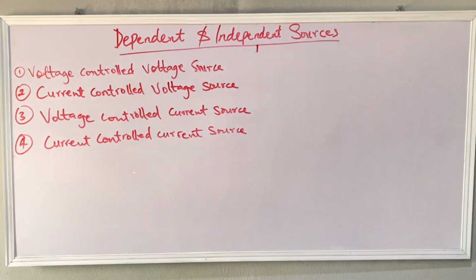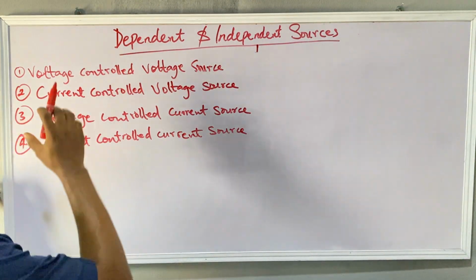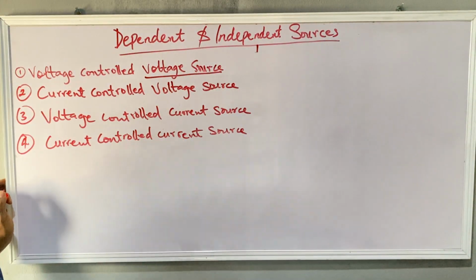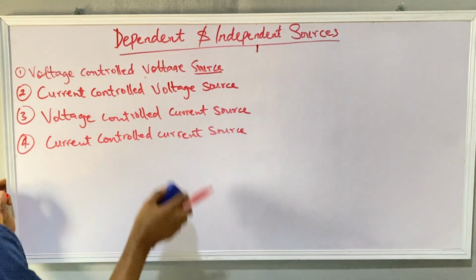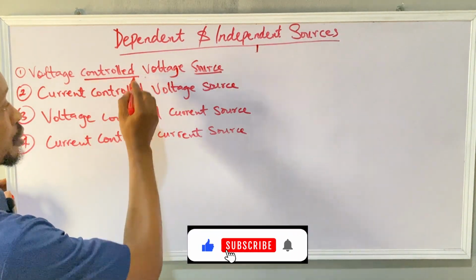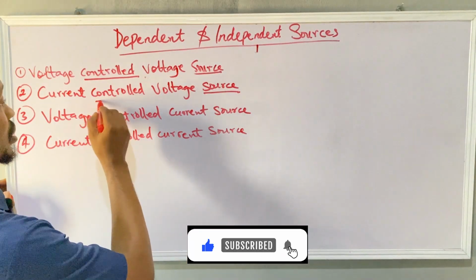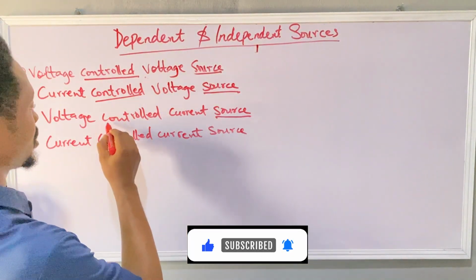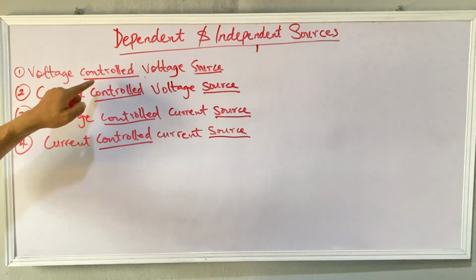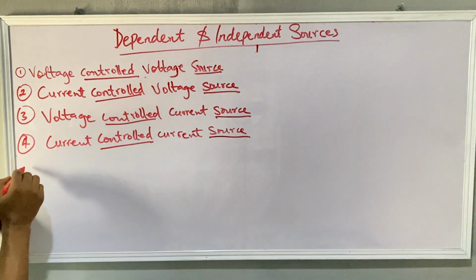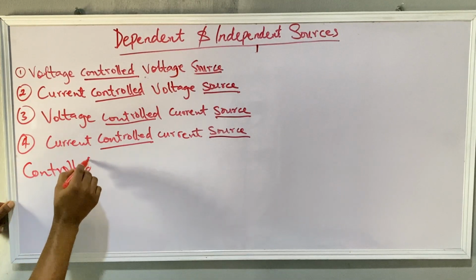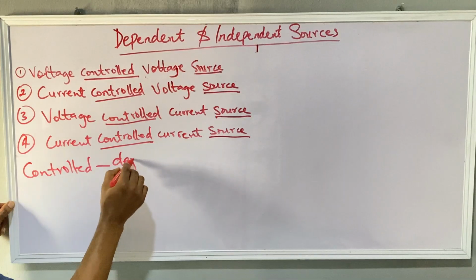Now let me explain. If you look at this, the four of them have something in common, which is source, and then control. Source, control, source, control, source, control. So we can replace this control with dependent.